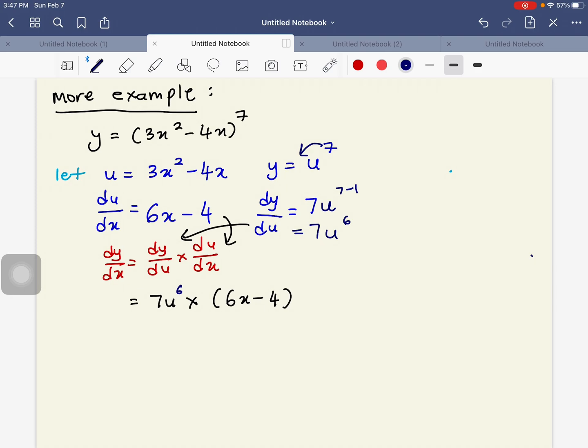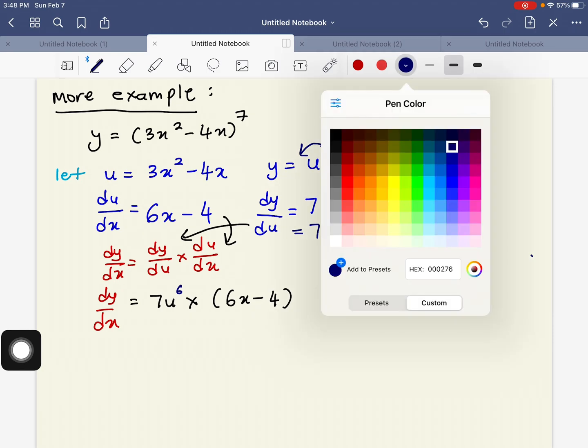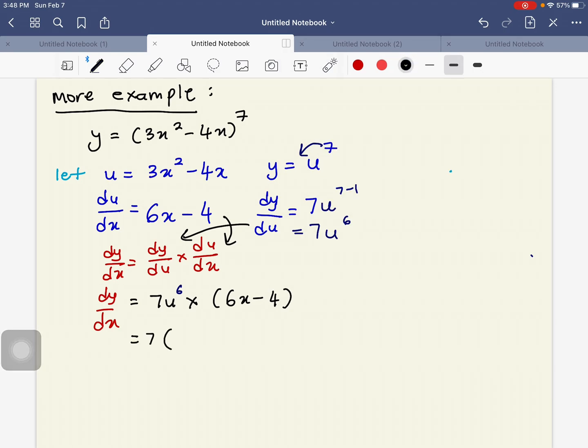So after we got u power of 6, we want to get dy over dx. And we don't want our u here. So what we do is we have to replace u with ini u kita ni tadi kan, iaitu 3x kuasa 2 tolak 4x power of 6 multiplied with 6x minus 4.